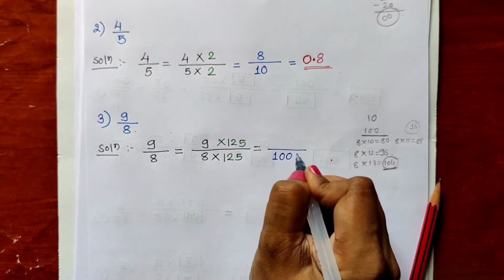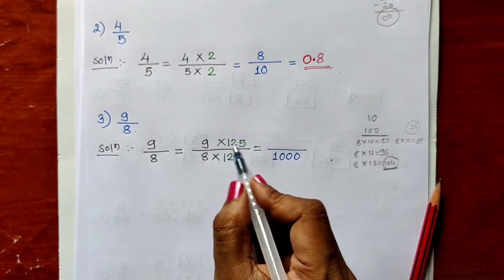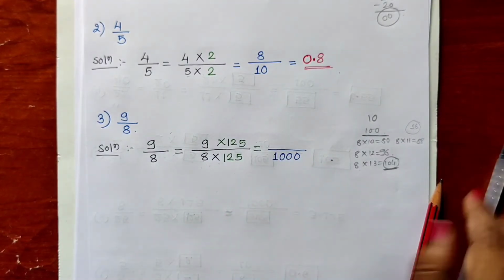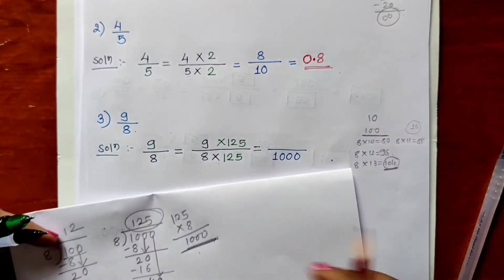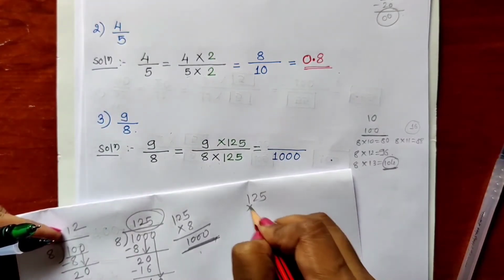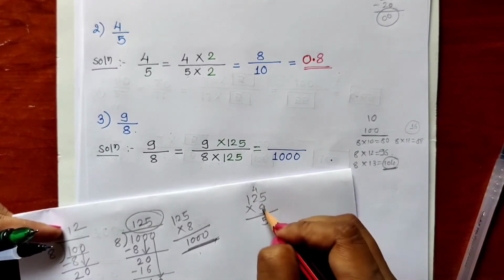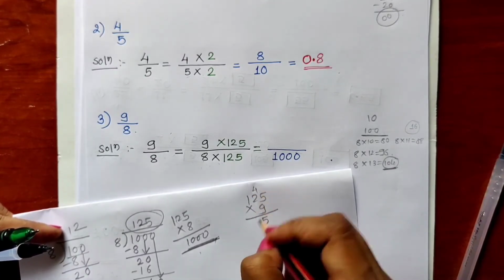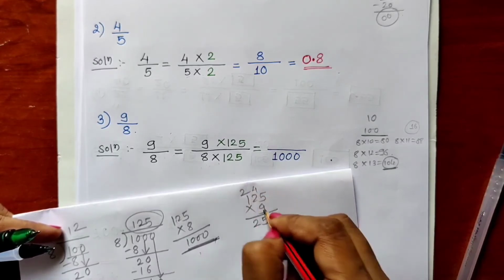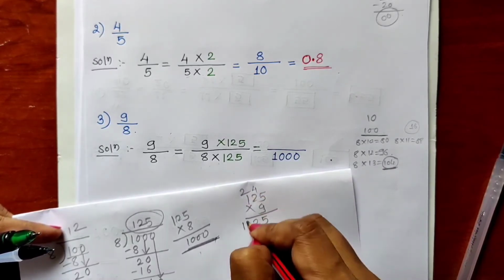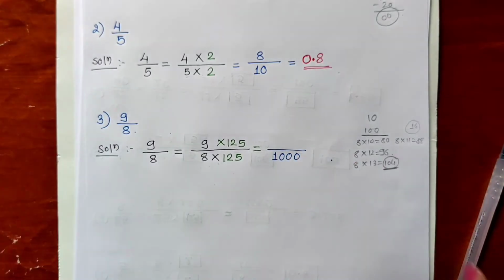And what is 9 multiplied by 125? This multiplication we will have to do, so let us do it on another page. 125 into 9. 9 5s are 45. 5 written, 4 carrying. 9 2s are 18. 18 plus 4 is 22. 2 written, 2 carrying. 9 1s are 9. 9 plus 2 is 11. We are getting 1125 here.